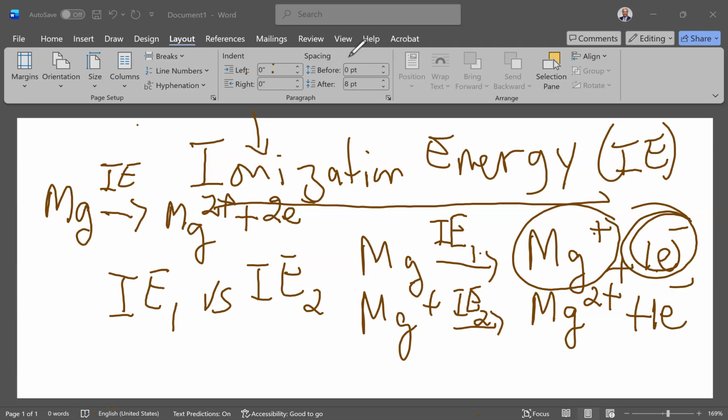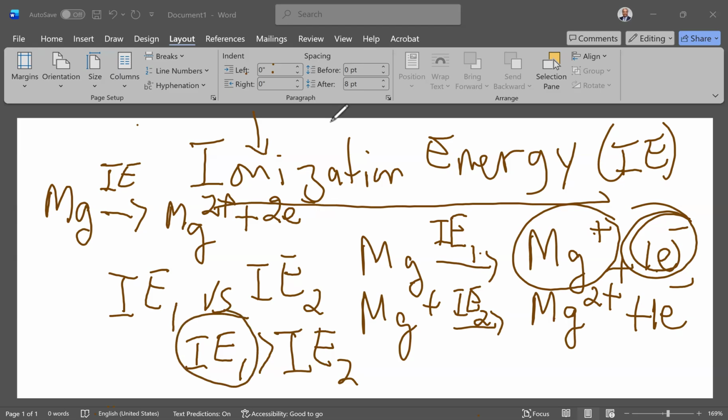So you will see that all the time the first ionization energy is larger than the second. If we have 3 or 4 steps of ionization, the last one, IE4, will be the smallest. The first is larger because the first electron is very close to the nucleus, so it will not be given away easily.